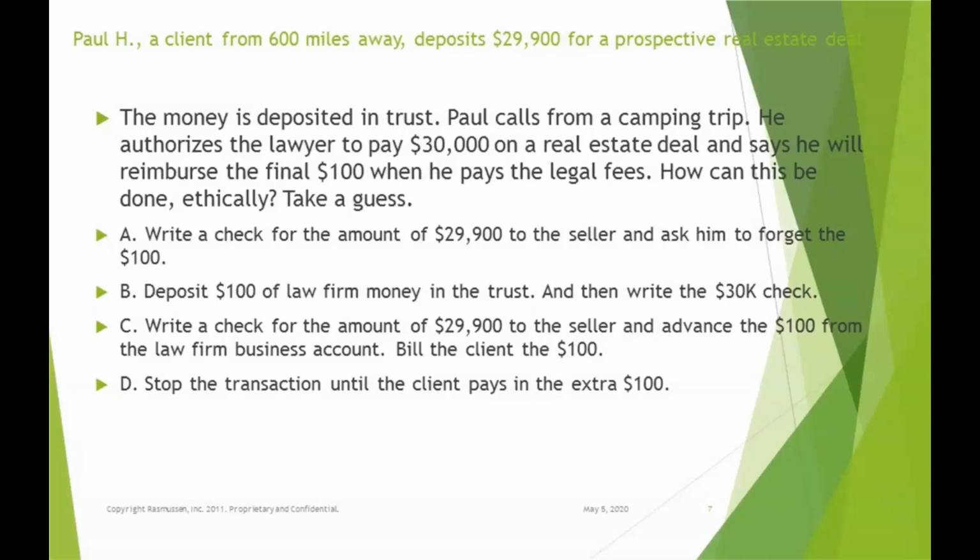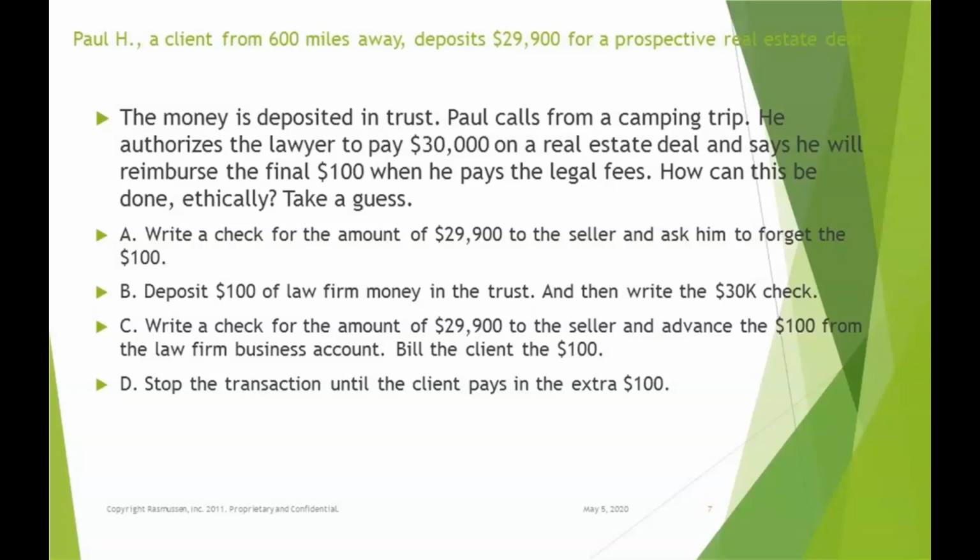I do have some comprehension ideas to help you comprehend the trust. Paul calls from a camping trip. He's 600 miles away. He deposits $29,900 for a prospective real estate deal. Says he will reimburse the final $100 when he pays the legal fees. How can this be done?